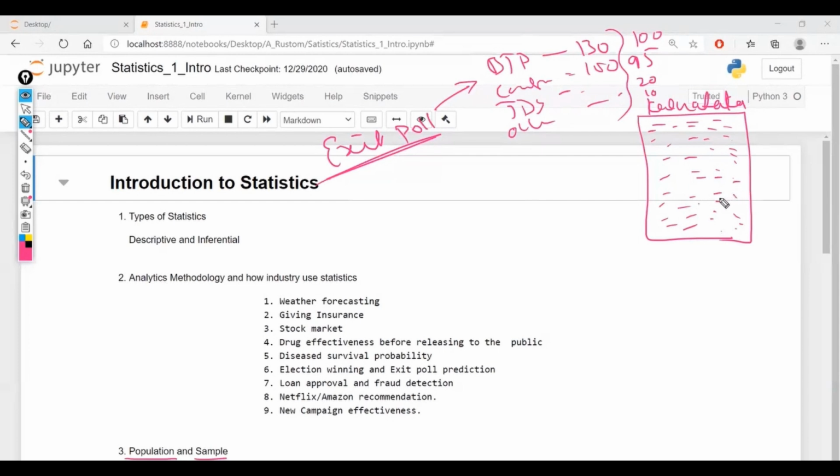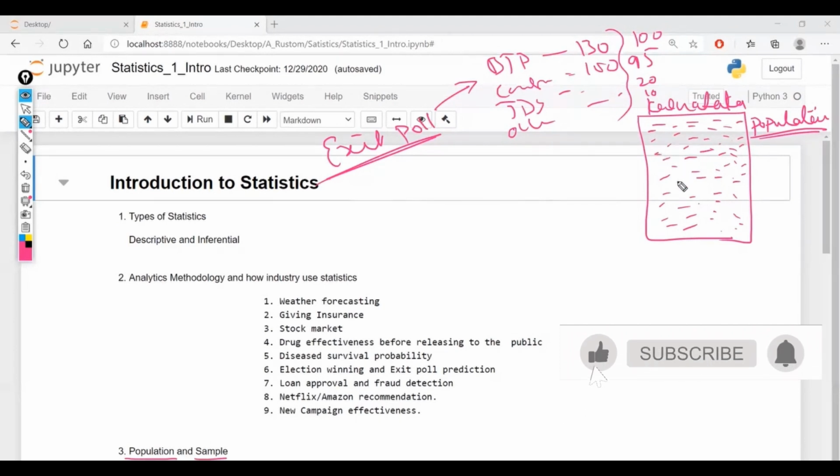So rather, what I'm going to call the population is basically the entire data, the entire set of items. Population can be anything. Since I'm not able to get the opinion of this entire population, what I'm going to do is start picking data randomly in different districts or talukas.